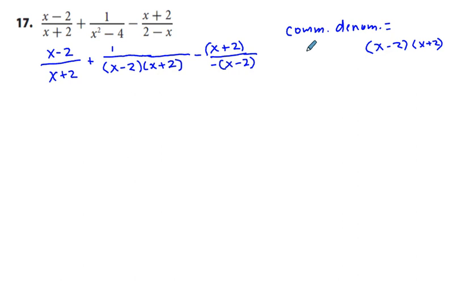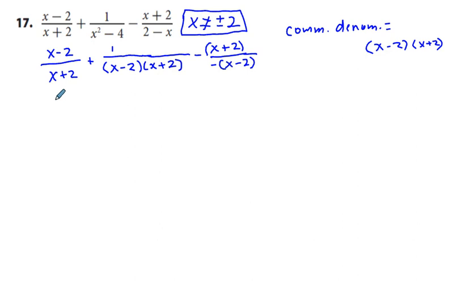And already we should see that x cannot equal. So our excluded values for x are going to be, as before, plus or minus 2. Okay, so now let's fix this.